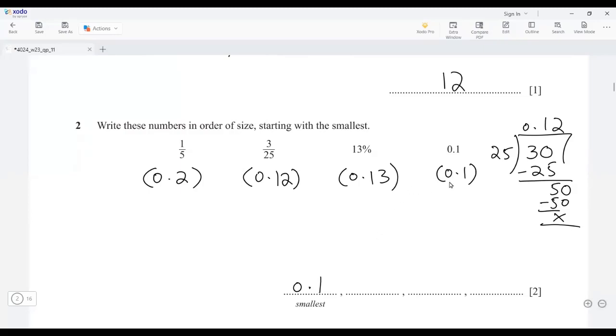The next number after 0.1 will be 3 over 25, because it's giving 0.12. The third number must be 13% because it's bigger than 0.12. And the last one will be 1 over 5, which is the largest number among all of these.